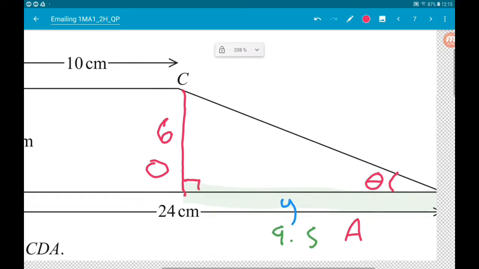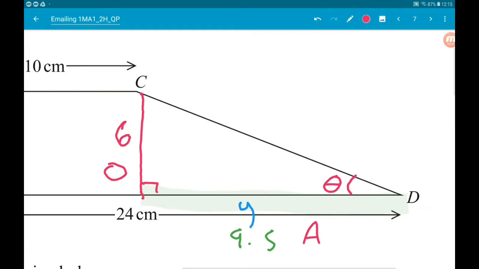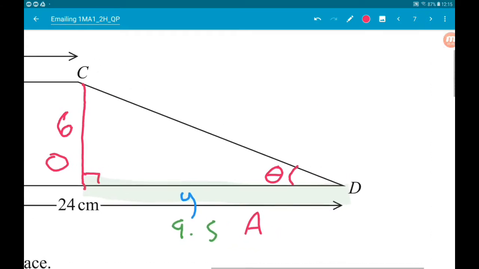So is it SOH? No. CAH? No. TOA? Yes. So we now know then that tan theta is the opposite over the adjacent, so 6 over 9.5.